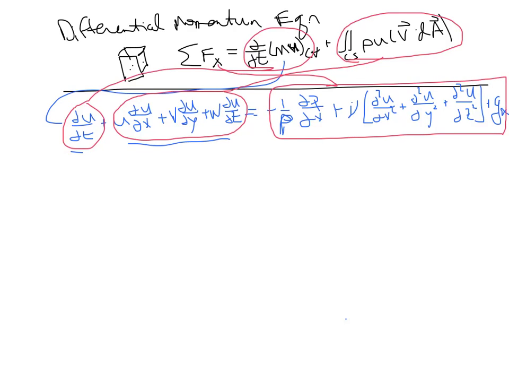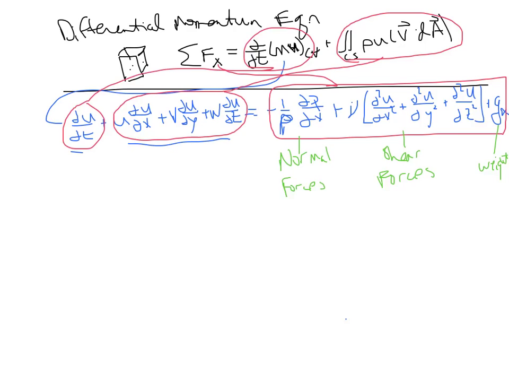So what are these forces? We have the normal stresses, the normal forces. We have the shear forces due to viscosity. And we have the weight of the fluid. And together then in differential form they take on these units of acceleration throughout.